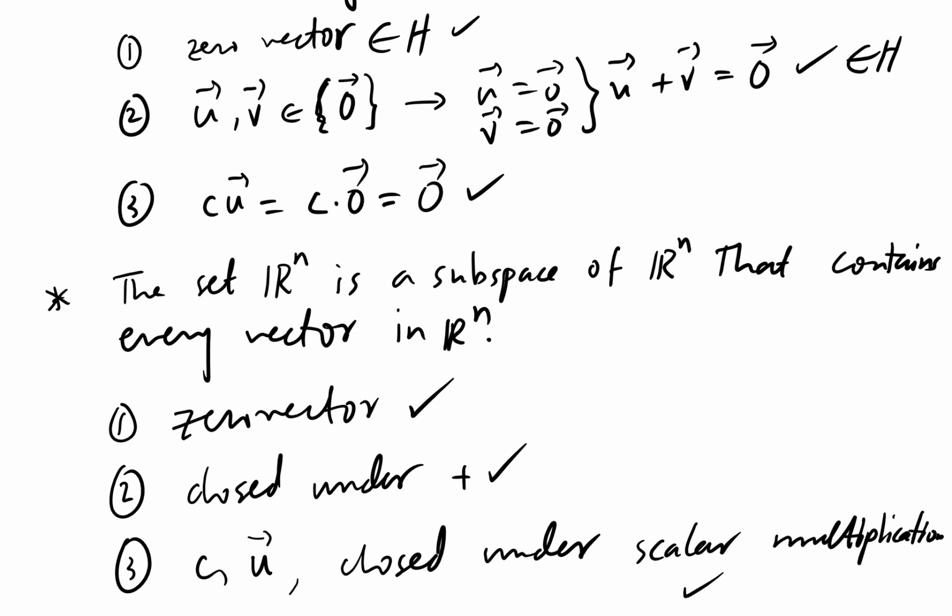So every time they say let V be a subspace or let H be a subspace, it means automatically it satisfies the 3 properties: closed under addition, closed under scalar multiplication, and contains the zero vector. Three of them. If they say let V be a vector space, it means it satisfies the 10 axioms that we have.